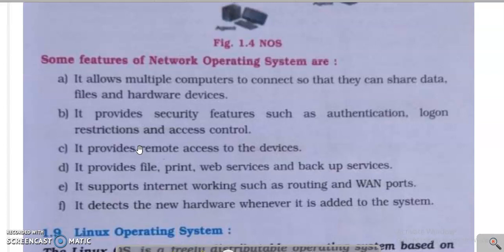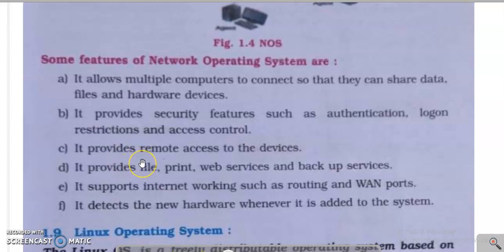The network operating system in a server has the capability of providing a security feature such as authentication, which means only the authorized user can log into that network. Nobody without authentication can access that network. So there is a logon restriction and access control.